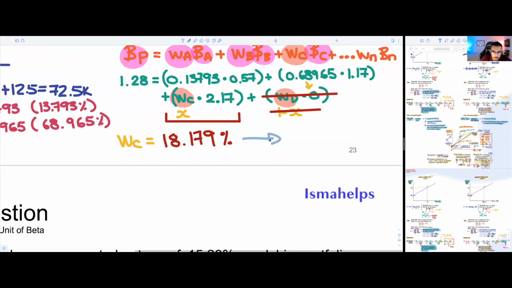This means that a dollar value that has to be invested in Tesla would be equal to 18.179%, right? Times the total value of our portfolio. Okay, and that's going to give us a specific amount. So we can go ahead and do that, and maybe just remove this.